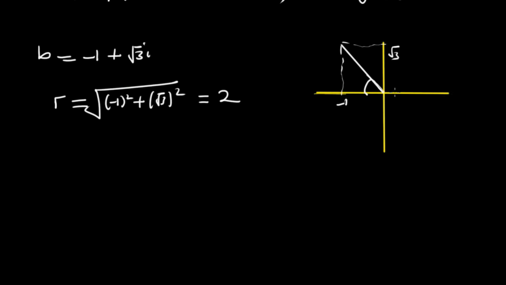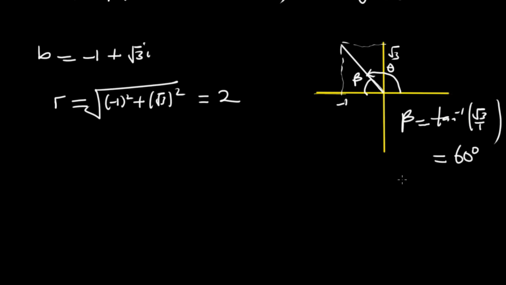So we can name this theta, and this can be beta. So from here we are going to have beta equal to the tan inverse of root 3 over 1, and we have beta equal to 60 degrees.